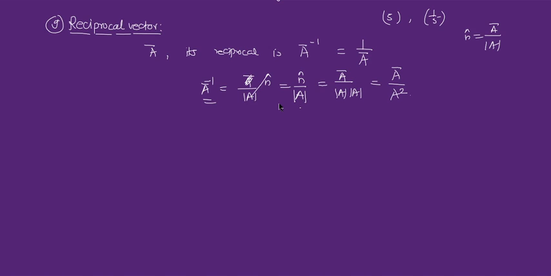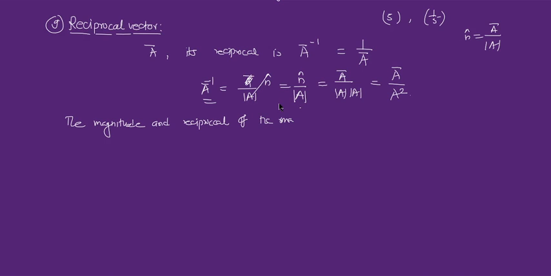Now, one more very important thing we have to discuss: the magnitude and reciprocal of the magnitude of a unit vector. This is all in general vector. Now let's see what happens to the unit vector.